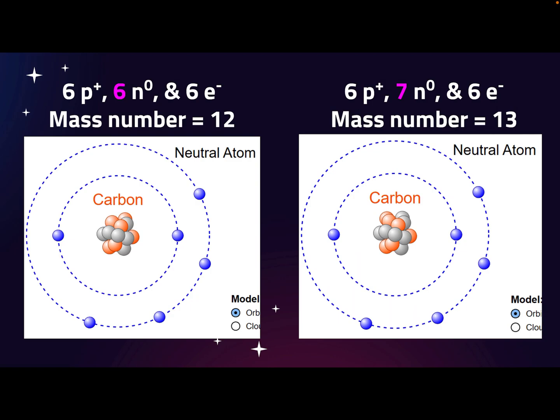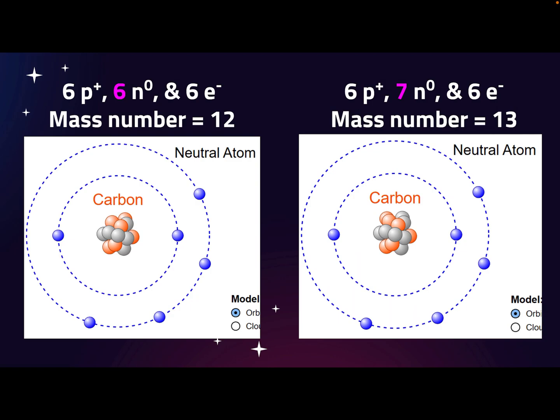Protons can't change because then you change the identity. It could have 7 neutrons though, and 6 electrons, assuming this is a neutral atom. So the difference here is in the number of neutrons, which then would make the mass numbers different. Carbon on the left has a mass number of 12, carbon on the right has a mass number of 13.